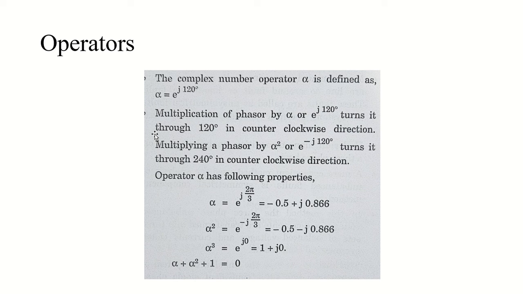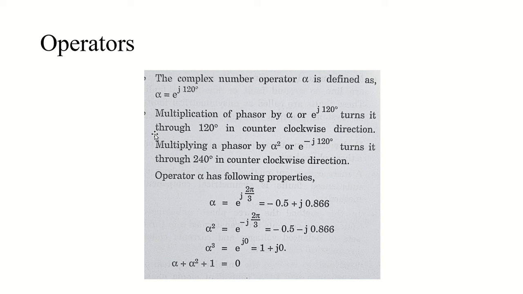If you want to represent that degree in radians, you can represent 120 degrees as 2 pi by 3, because we represent 360 degrees by 2 pi, and 120 is the third part of 360. Multiplication of a phasor by alpha, or e raised to j 120 degrees, will turn it through 120 degrees in the counterclockwise direction.